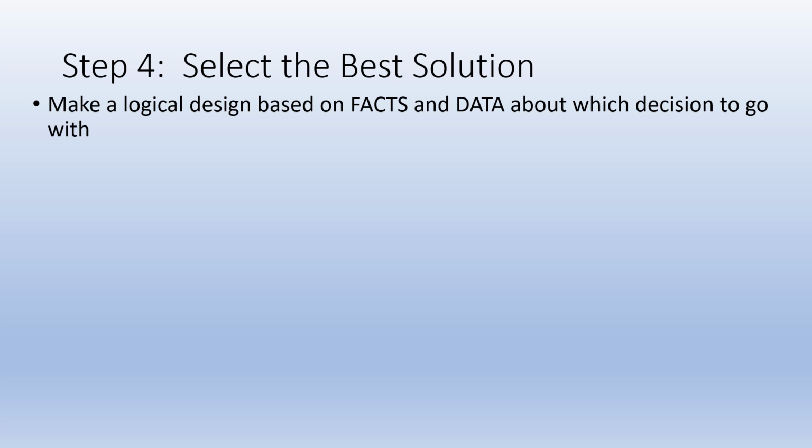As engineers, we don't make decisions based upon what I think is going to be the best, based upon my feelings or whatever. It needs to be based upon facts and data.